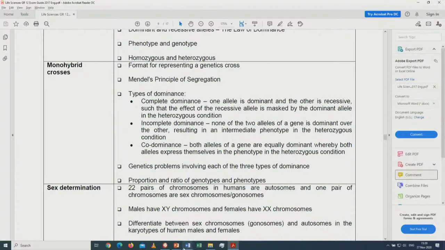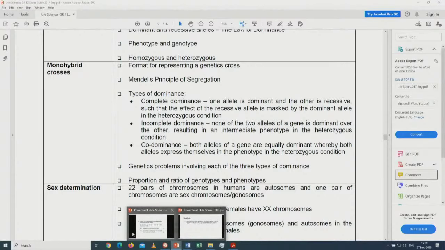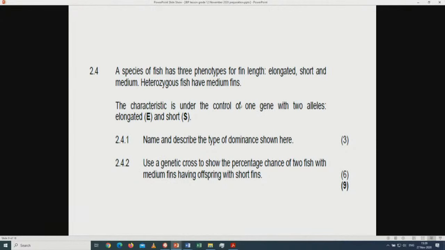So in our question there, we have an intermediate phenotype between elongated and short. The characteristic is under the control of one gene with 2 alleles.